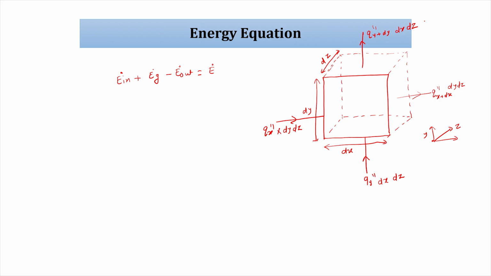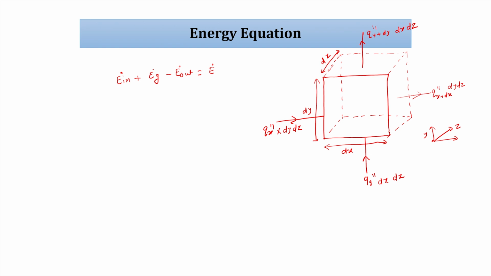Similarly, in depth, we are not writing it, but you can understand, q z double dash, and the area is dx into dy. I am ignoring it because the writing will not be clean, but we can understand what is happening in the next direction.